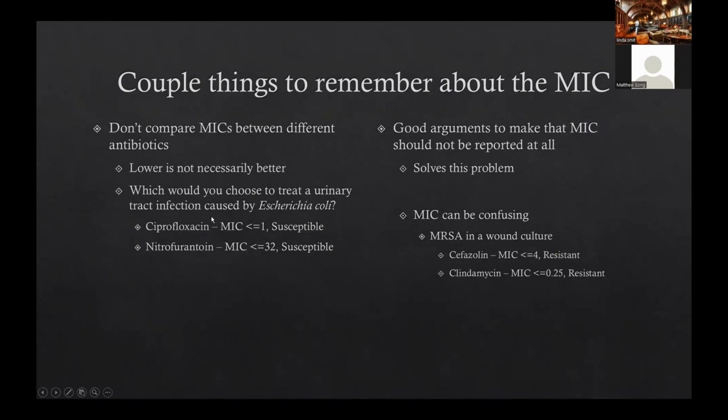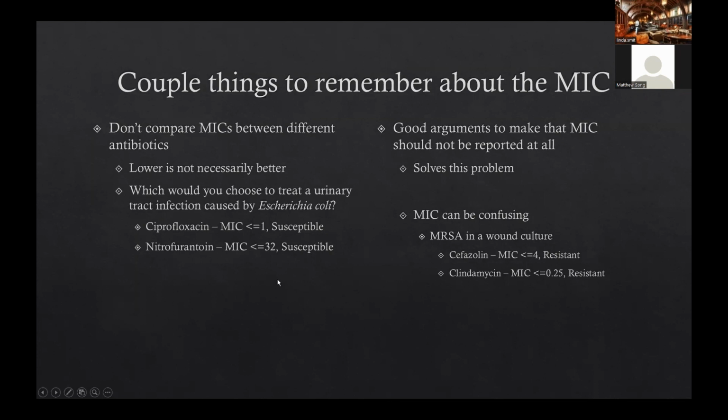And I'll use this as an example right here, because I have seen physicians make this mistake. If you've got a urinary tract infection caused by E. coli, here's one that I read in Epic Notes. Patient comes in, has a UTI, doctor starts him on nitrofurantoin. Okay, excellent choice, sends the specimen to the lab. Two days later, the lab reports it's E. coli, and here are your susceptibilities.